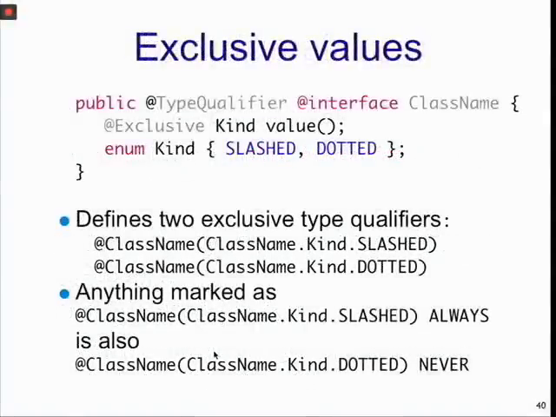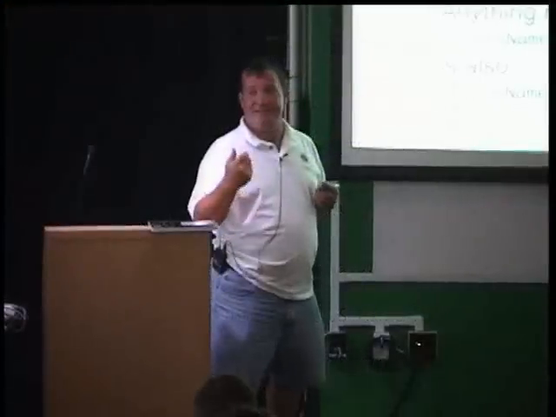So one of the things you can do is you can actually say, I want a value that's exclusive. This actually happens inside FindBugs. At the source level, Java class names, the packages are separated with dots. At the JVM and in class files, they're separated with slashes. And in FindBugs, we deal with both. And if you pass a class name that's separated with slashes someplace that expects a name with dots, it's bad.